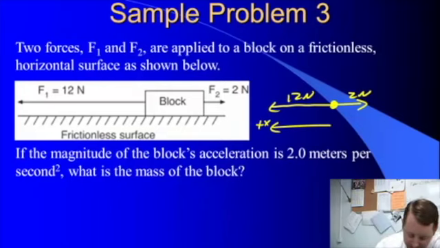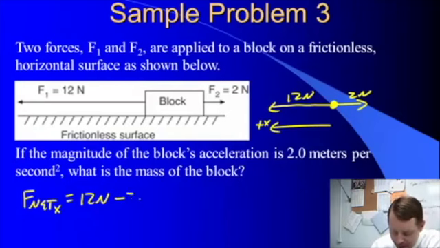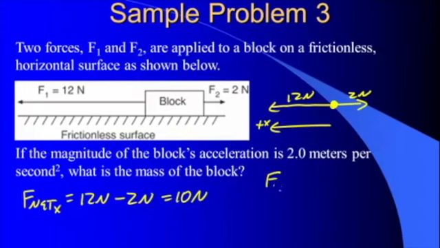We can call any direction we want to be positive, so let's try it this time and see what happens. Now when we write our net force equation, the net force in the x direction is going to be equal to positive 12 newtons, because that's in the same direction as our positive x, minus 2 newtons, because 2 newtons is opposite what we called positive, or 10 newtons. Now if we want to know the mass of the block, well, net force is also equal to mass times acceleration.